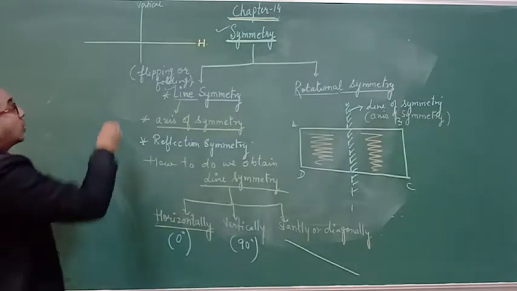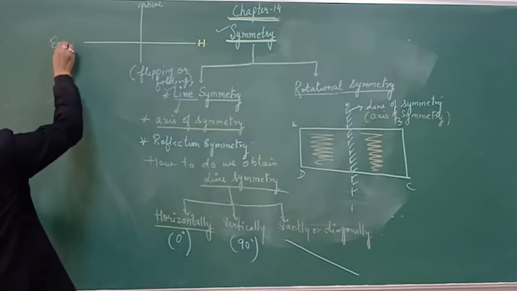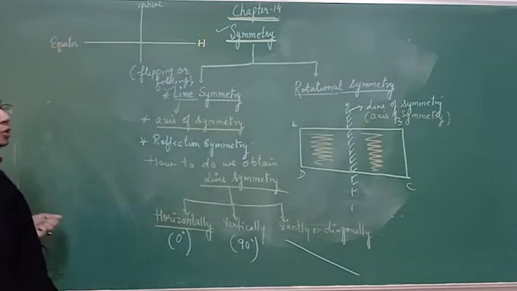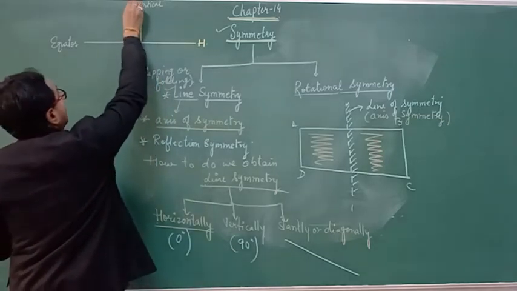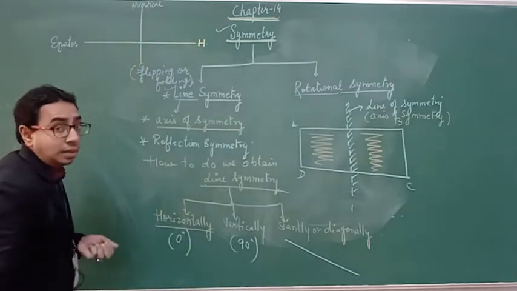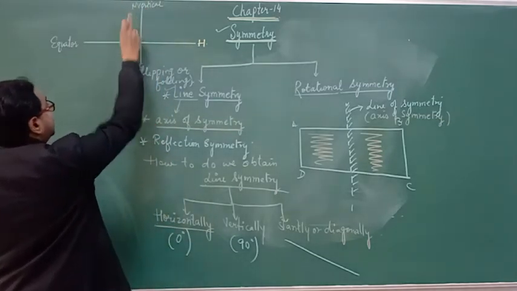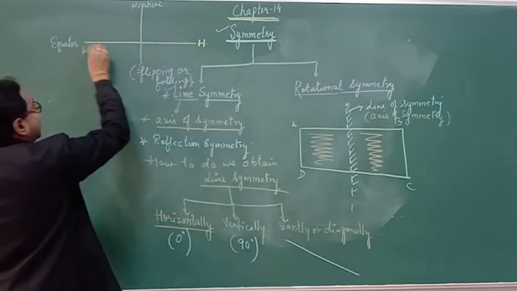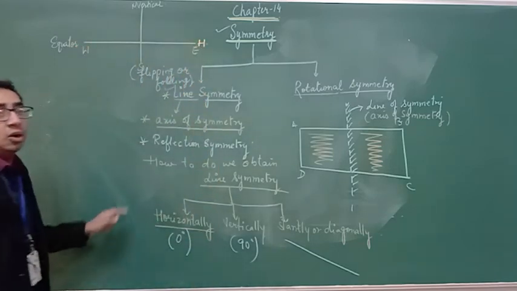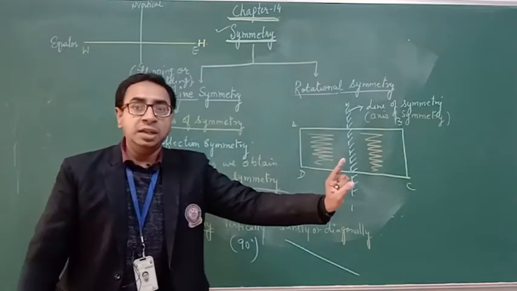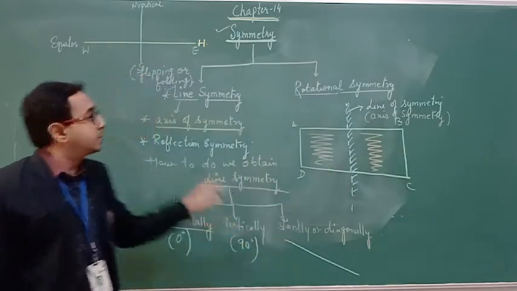If I talk about the equator, the equator line is horizontal in nature. If I talk about the north and south pole, vertical. In fact, north direction, south direction, west and east are again examples: west and east are horizontal, north and south, vertical. Are we clear?